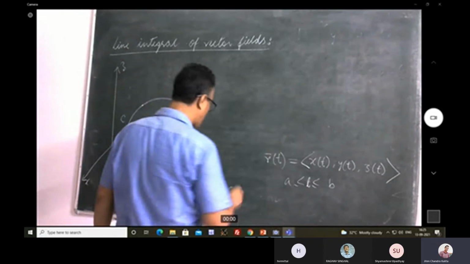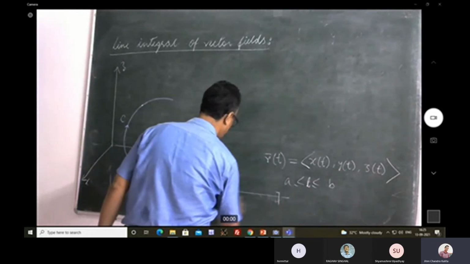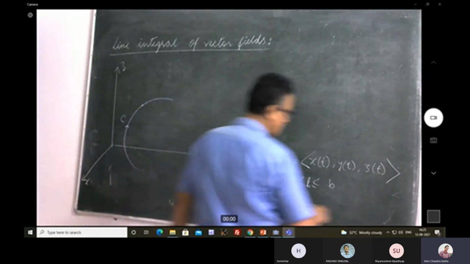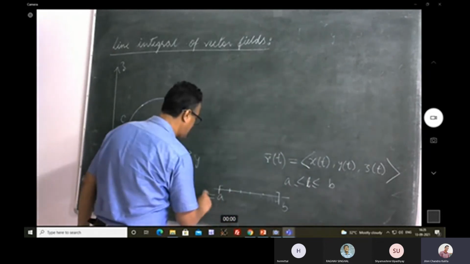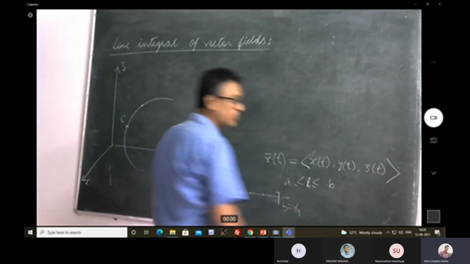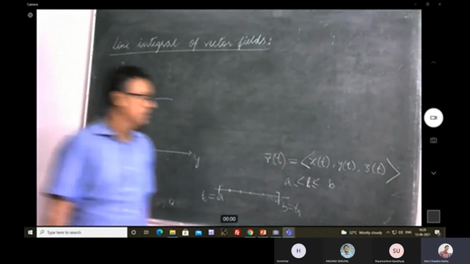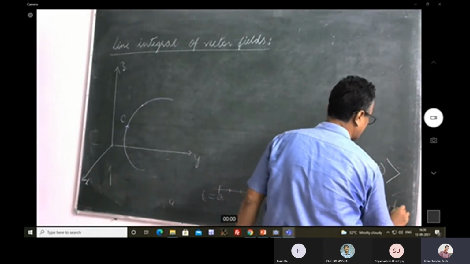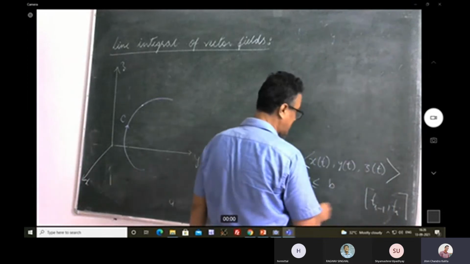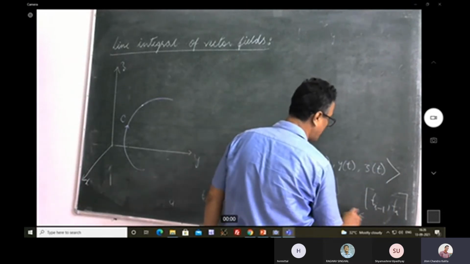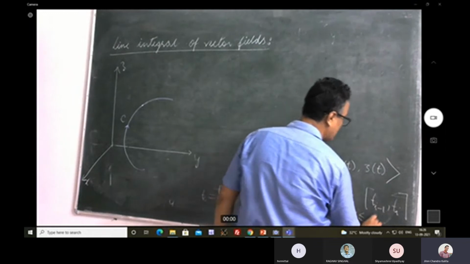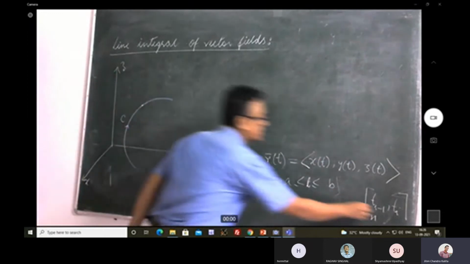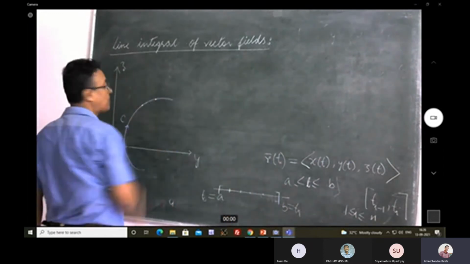As before, this interval [a,b] I am going to subdivide into sub-intervals by the points t0 = a, t1, t2 up to tn = b, where i goes from 1 to n. Corresponding to each of these sub-intervals, we are going to get a sub-arc.